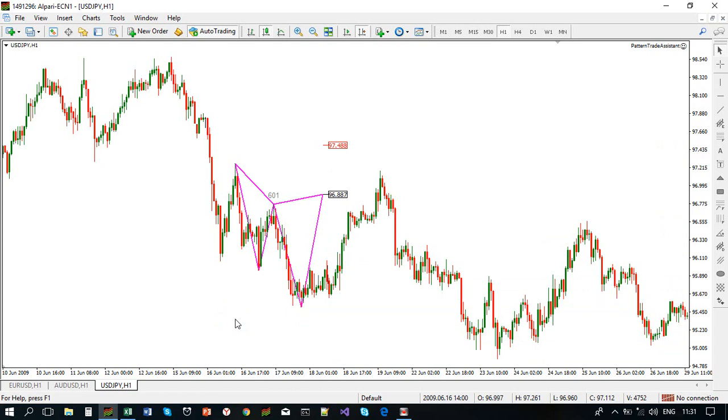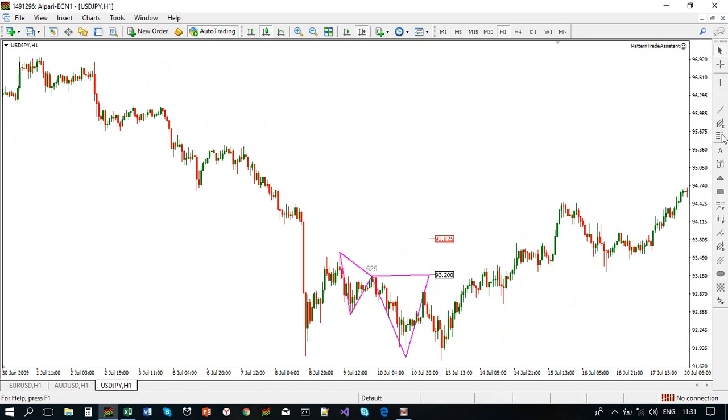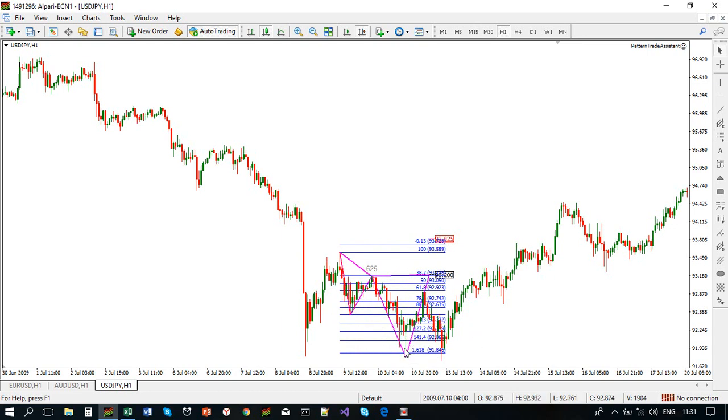I had pretty many requests from my customers. Could you please modify your software this way that it doesn't show the invalidated patterns, that I only have valid patterns? And I said no, the whole idea of my software is not based on that. It is not the software that shows you only winners.